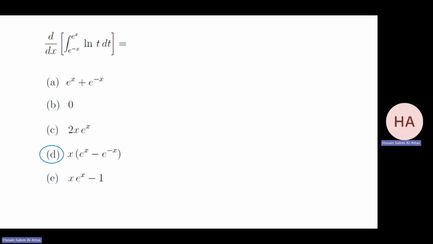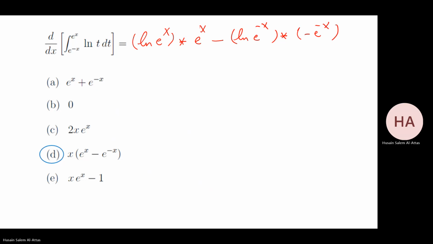Okay. Yeah, they cancel each other. So that will be what? Ln of e^x times the derivative of e^x, which is e^x, minus ln of e^(-x) times the derivative of e^(-x), which is minus e^(-x).